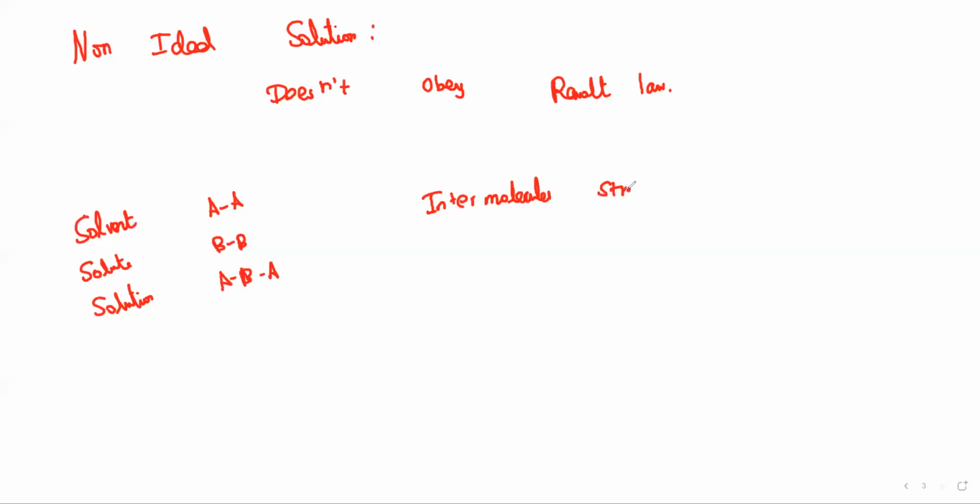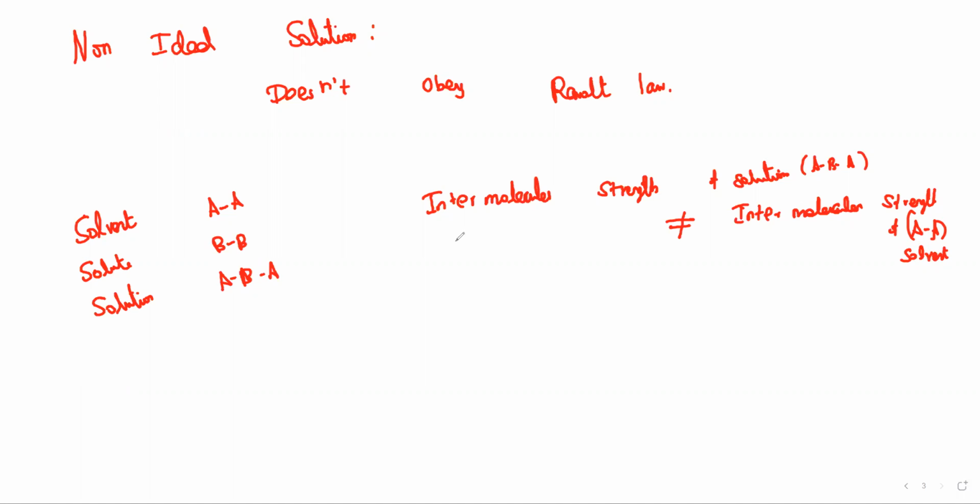If the intermolecular strength of the solution is either greater than or less than the intermolecular strength of the solvent, then it won't obey Raoult's law. I will explain why. Solvent is AA.